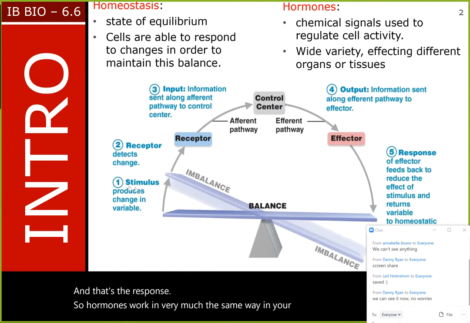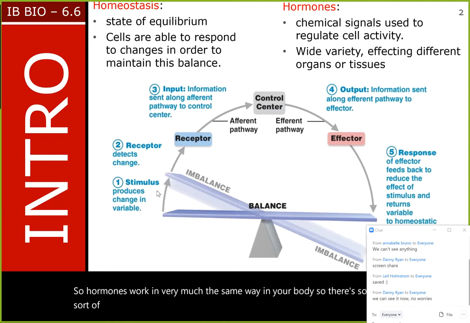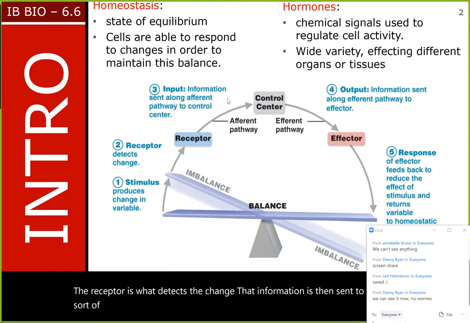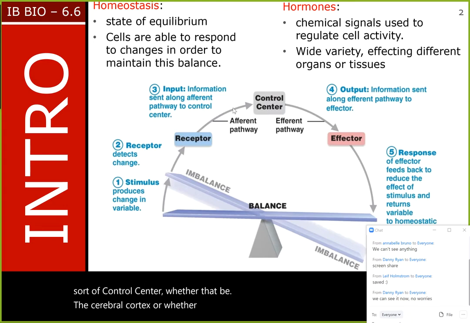So hormones work in very much the same way in your body. There's some sort of stimulus, something that measures a particular parameter that changes. The receptor is what detects the change. That information is then sent to some sort of control center, whether that be the cerebral cortex or the hypothalamus or a different part of the brain.